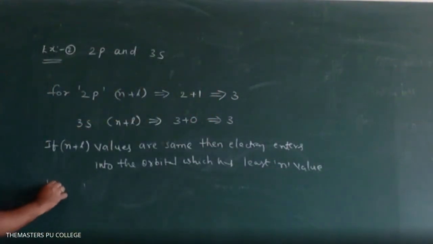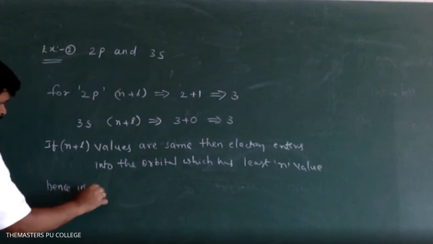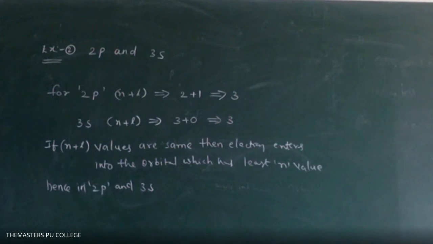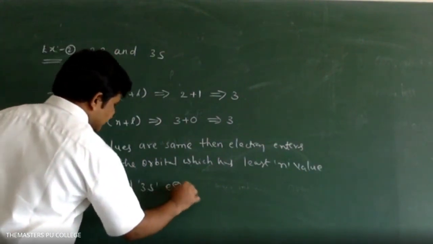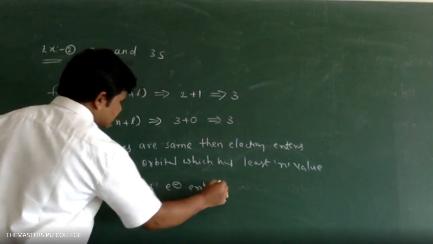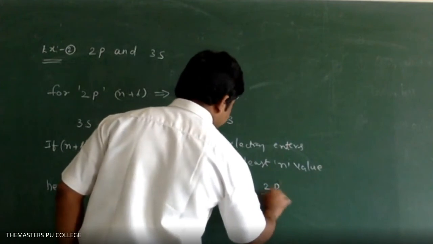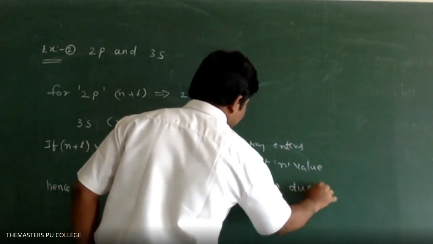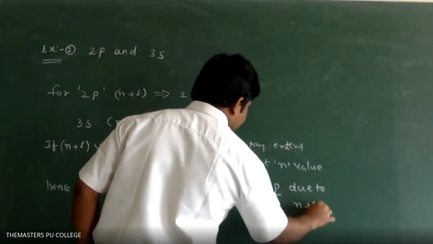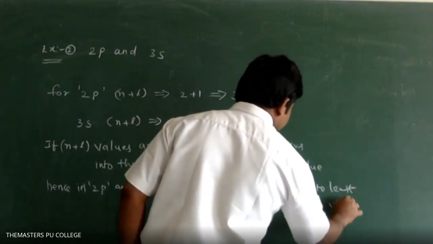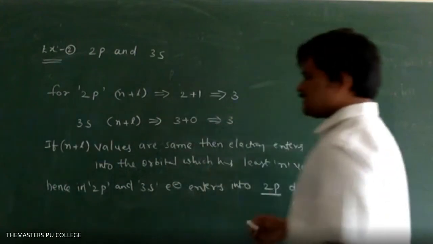Hence, in 2p and 3s, the electron enters into 2p due to the least n value.